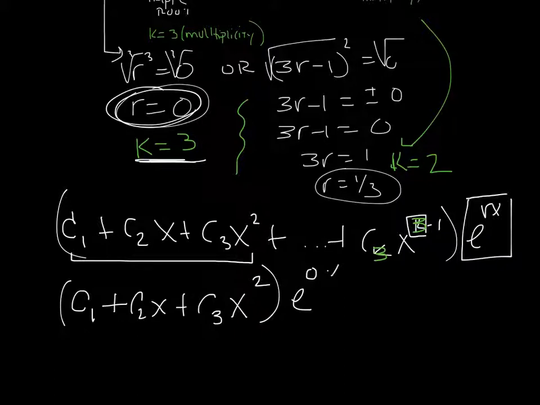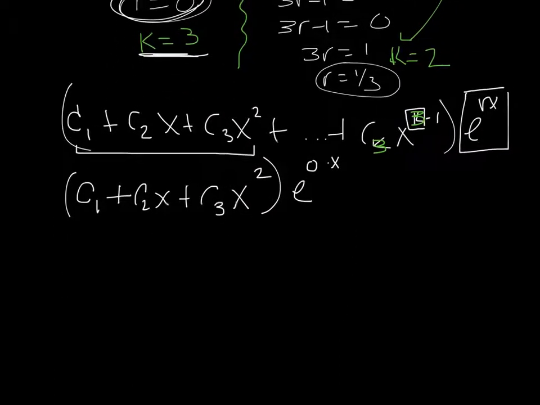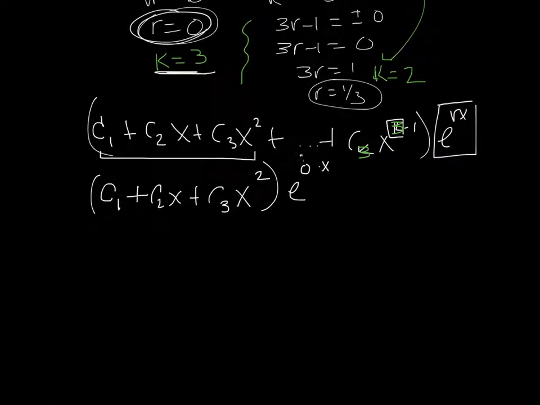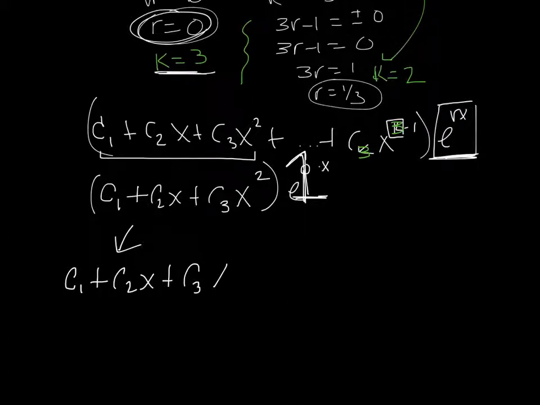Well, 0 times x is 0, so this is just a big 1. Technically it doesn't matter if you write this part out, but I want you to understand it, and you still just get times 1. So I have C1 plus C2x plus C3x squared. That is the solution to the triple root that we had.